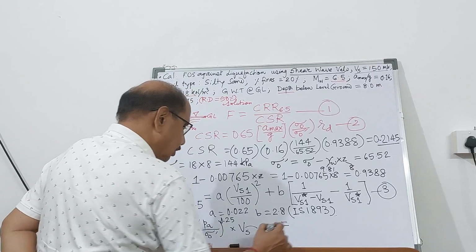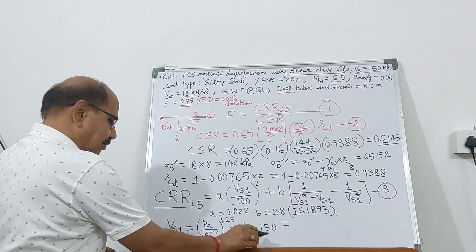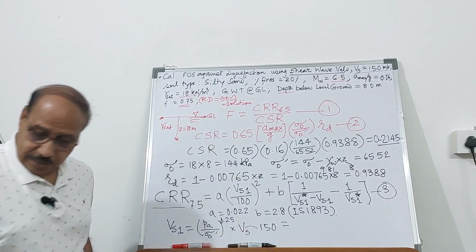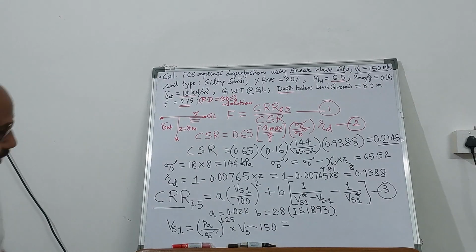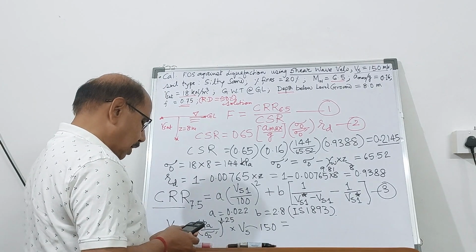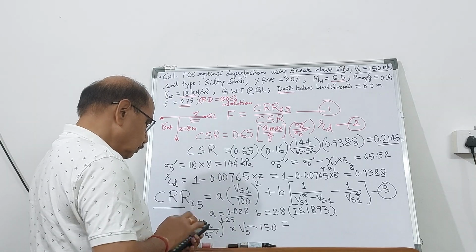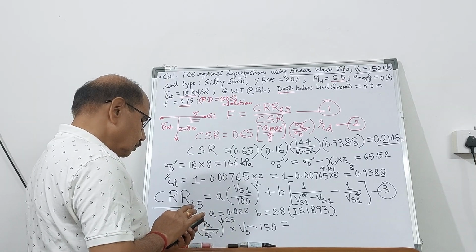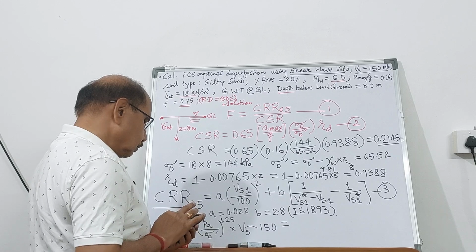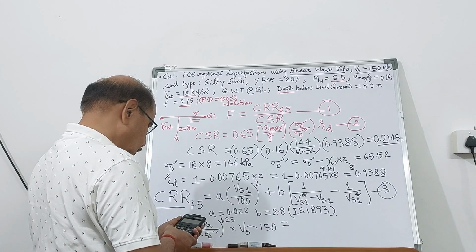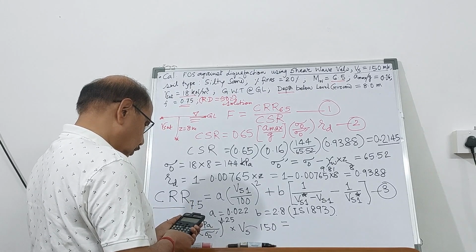Therefore, the corrected value of Vs for effective overburden pressure can be found out. Let us calculate it.